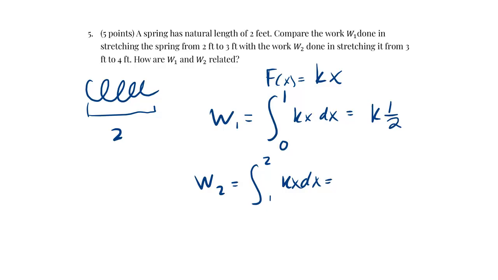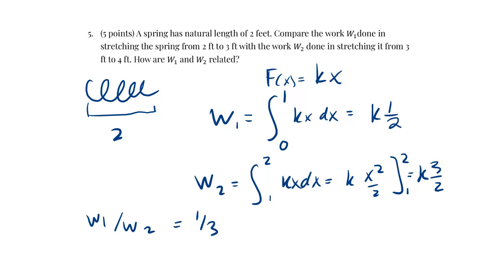And that's going to be k, x squared over 2, plugging in 1 and 2, which will give me 4 halves minus 1 half. So I get 3 halves times your k. So if I compare work 1 to work 2, it's a third as much.